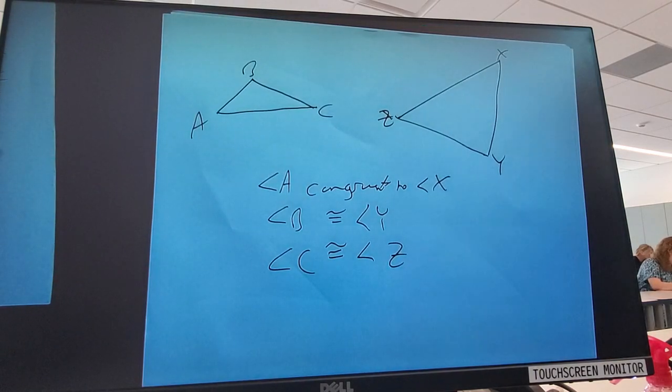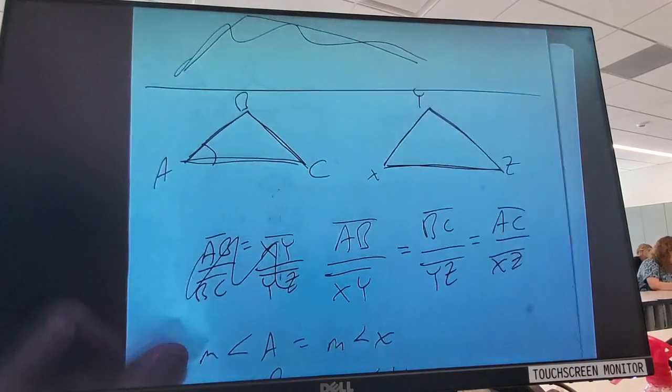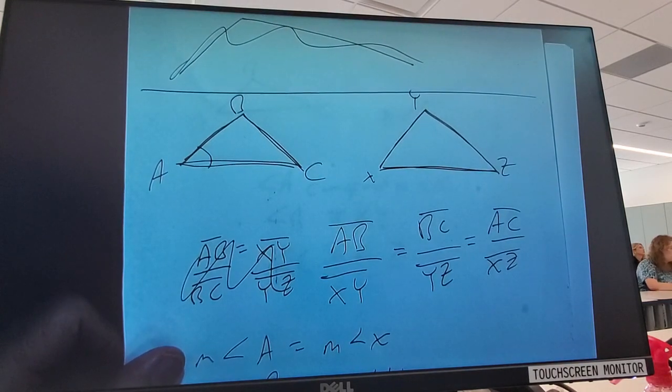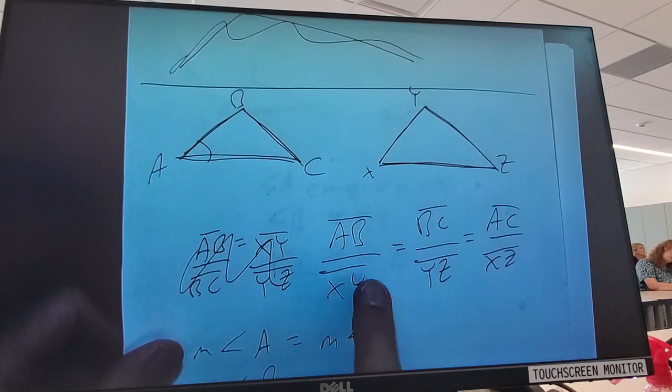Just take a moment, and don't say anything out loud. Can anyone determine a pair of sides, one from each triangle, that form a ratio that would show you how much bigger one triangle is than the other? Sort of like I did a minute ago with these, where I can make a ratio.